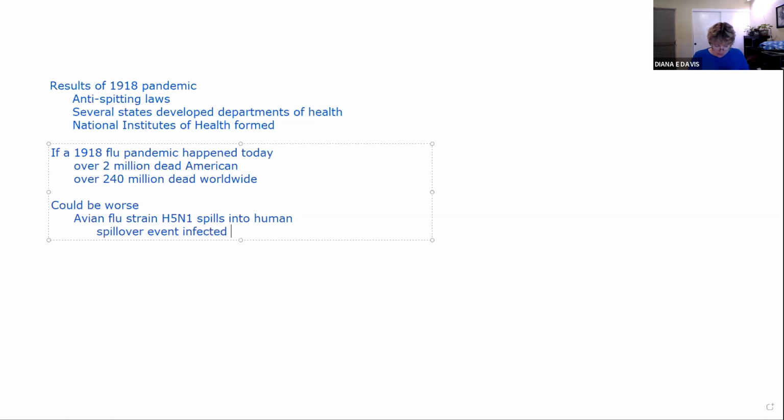It infected around 859 people. That's not many. It didn't have high pathogenicity. It didn't spread easily. But over half of them died. So if it had high pathogenicity, that would have been absolutely devastating, right? Half of the people who get sick dying.